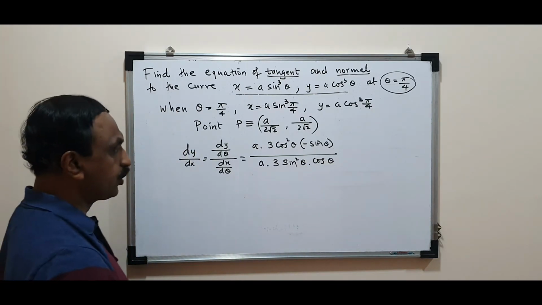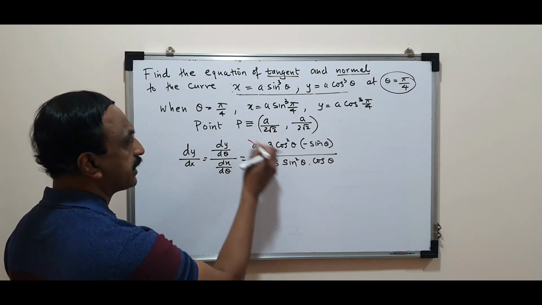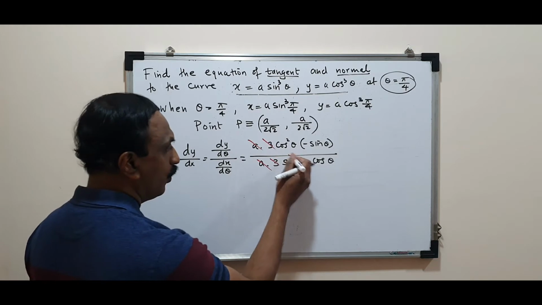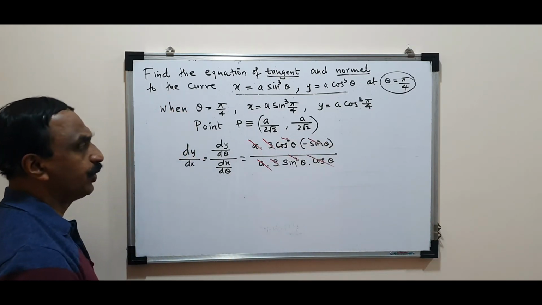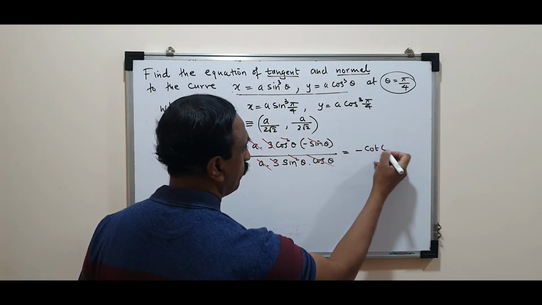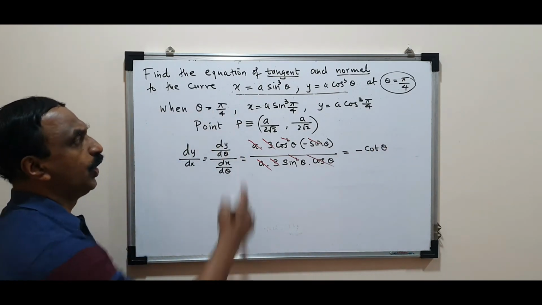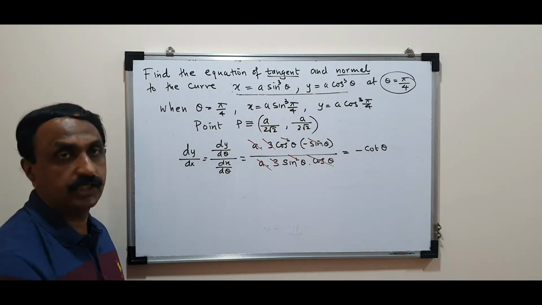Now we can cancel the common terms here. a gets cancelled, 3 gets cancelled, 1 sin will get cancelled, 1 cos will get cancelled. So you have a minus sign and cos upon sin gives you minus cot theta. So the slope of the tangent at any point on the curve is given by this formula, minus cot theta.